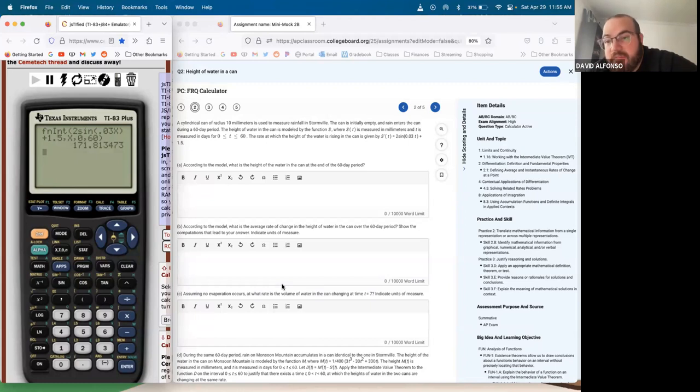Again, average rate of change and average value are two different things. So pay attention. They're asking for average rate of change. The second you see rate, slope needs to pop in your head. This one's actually really easy.